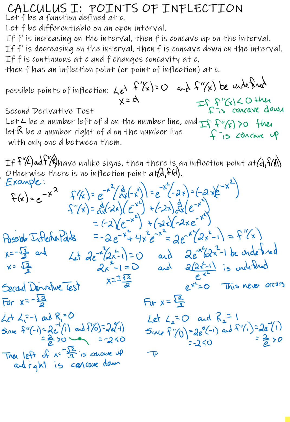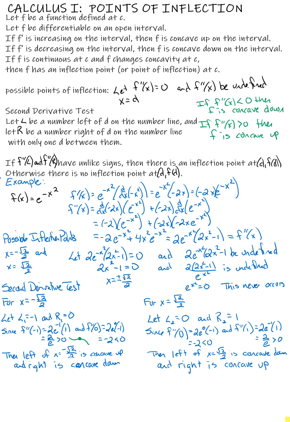All right, that tells us that to the left of x equal to positive square root of 2 over 2, the second derivative is negative, so that is concave down, and to the right is positive, so that is concave up.